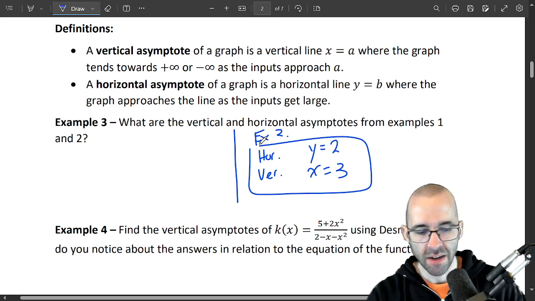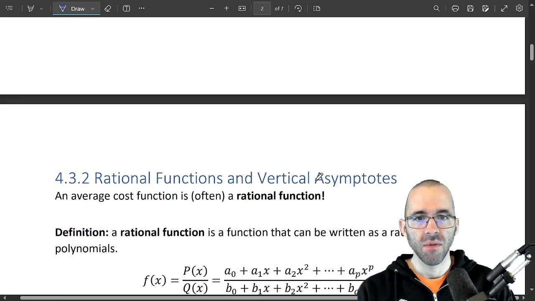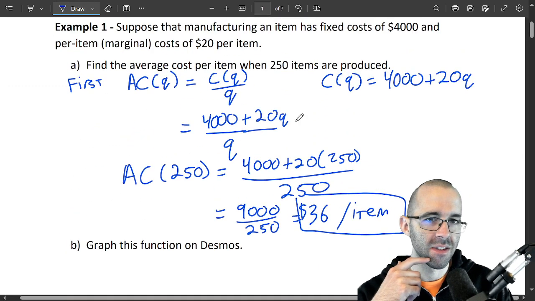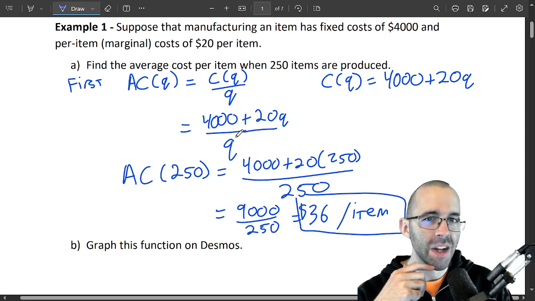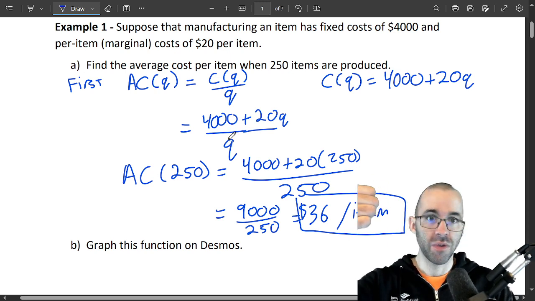What about example 1? Well, think about what asymptotes refer to. One asymptote is when things start going bananas, when that denominator is 0. Remember that when our input got close to 0, our average cost was going through the roof.